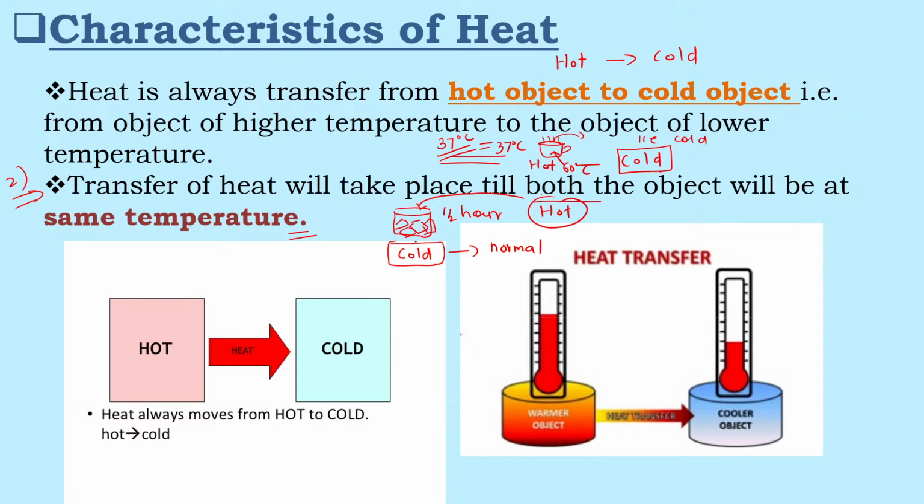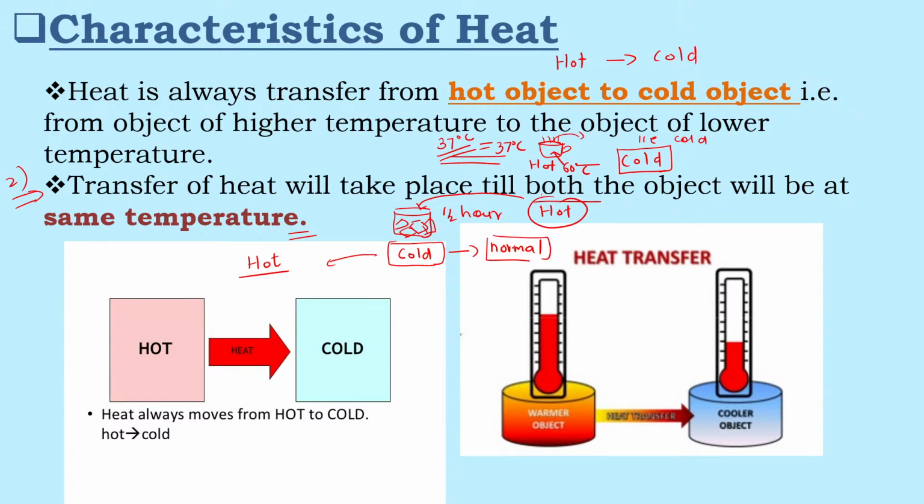Till that time the transfer of heat will take place. Will it become very, very hot? No, right? It will not become very hot unless you keep the beaker on the gas stove and supply more heat. Otherwise it will become normal water.